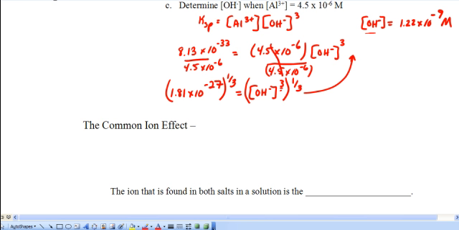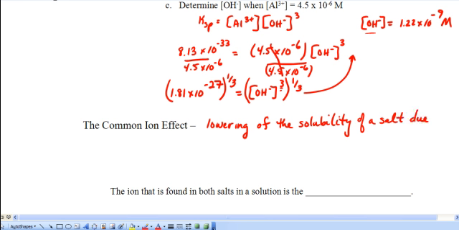What the common ion effect is, it's a lowering of the solubility of a salt due to the presence of a common ion.